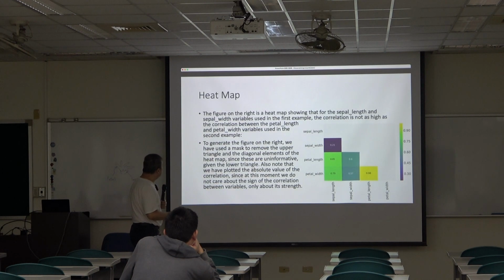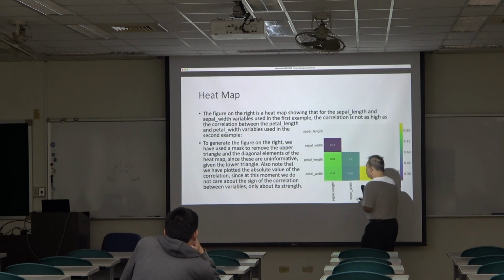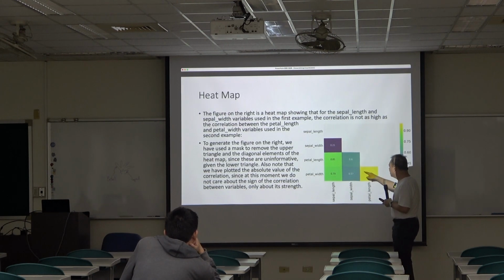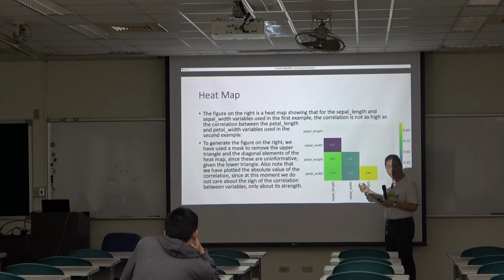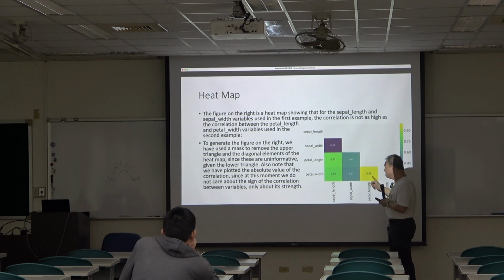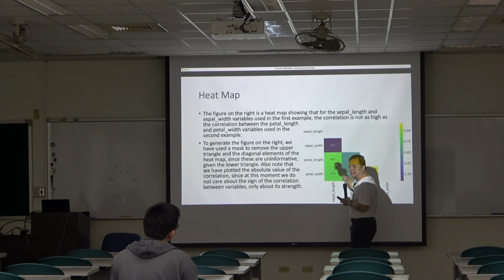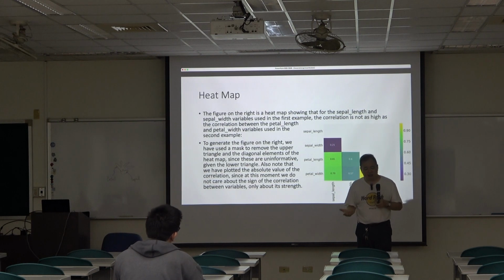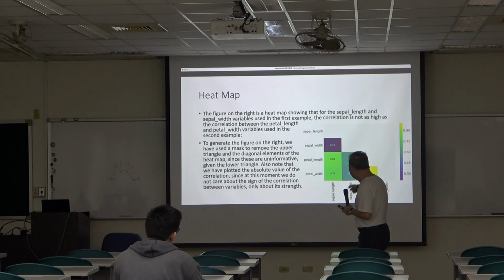This is because if you check out the petal width and petal length, the correlation is 0.98. That's very, very high, very close to 1, right? But the sepal length and sepal width is only 0.21. Well, it's correlated a little bit, but not much, compared with that 0.98. So this is the issue.